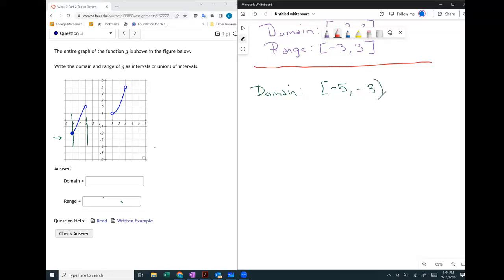Then I stop and start again at 1, but I don't include 1. I go to 3, I don't include 3. And what I do is I put a union between them. That's basically the same as saying plus. I have one interval plus another interval. The union is like a plus for intervals.